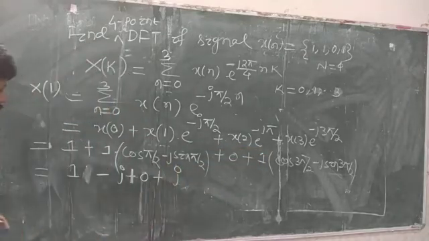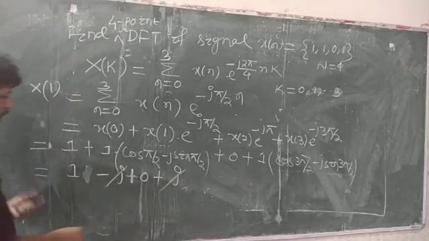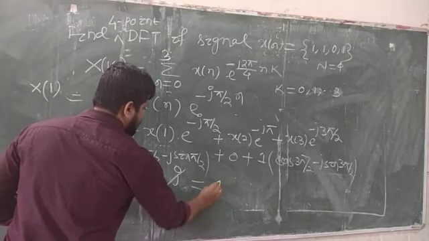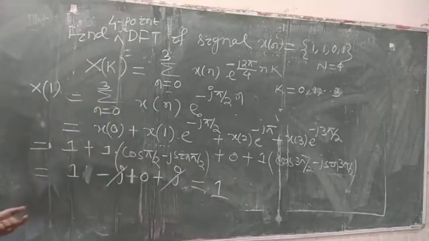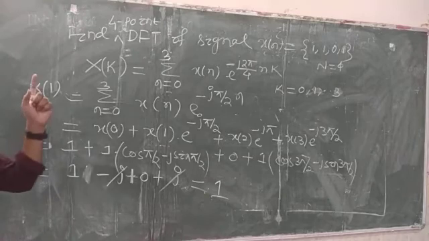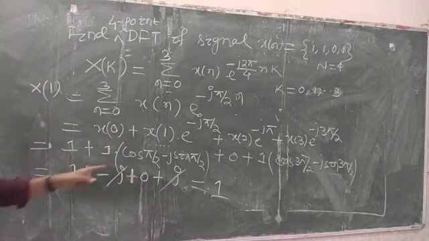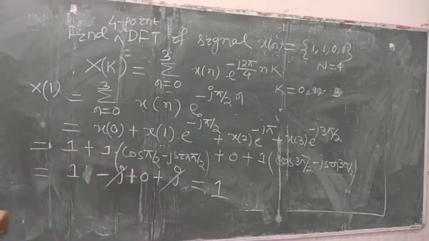So we can see here this minus j plus j is going to cancel out, and we have only the value 1. So x of 1 value is 1, and we found x of 0 value is 3, x of 1 value is 1, because this minus j and plus j cancel out.